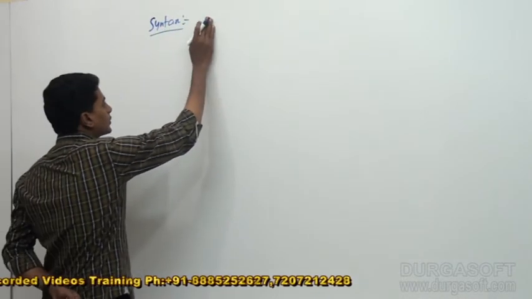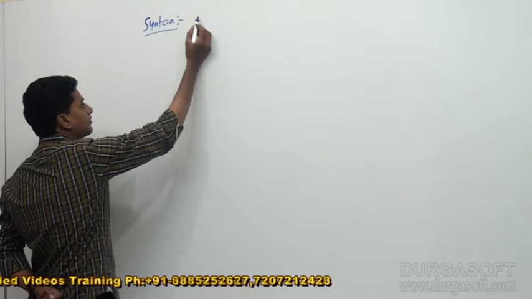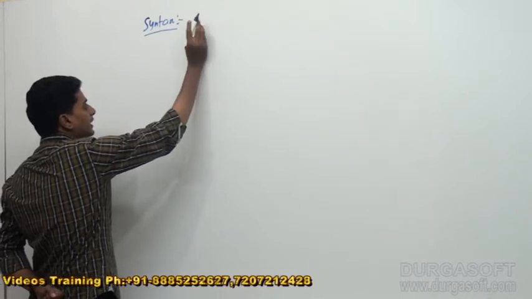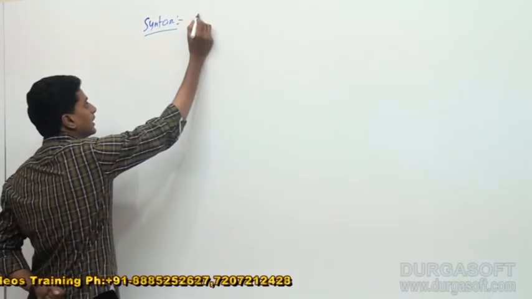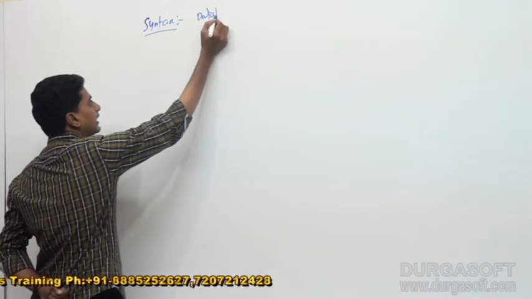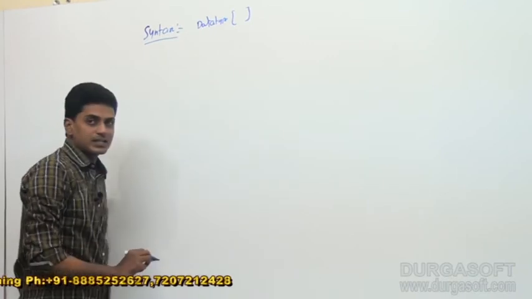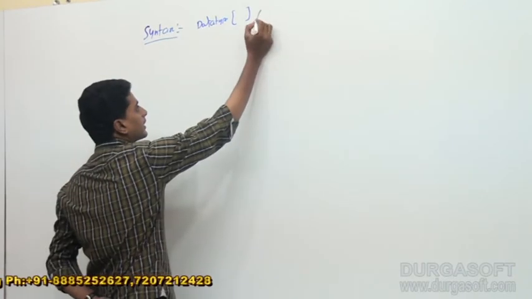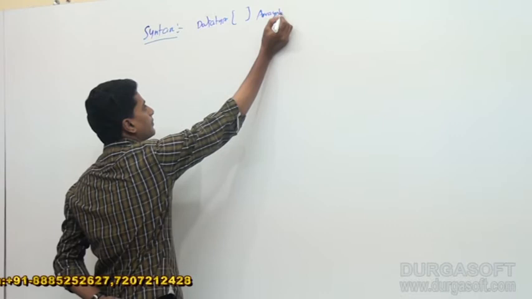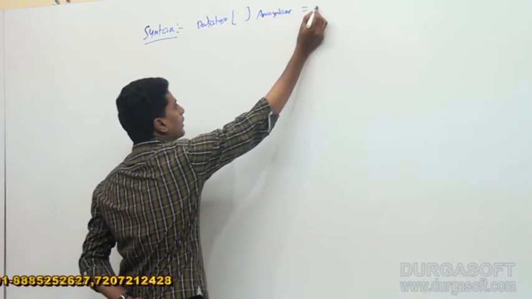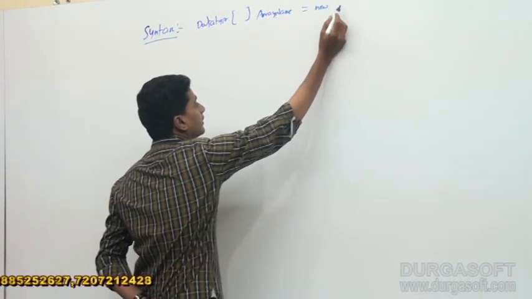Right. As I told, that array is user defined data type. So user can define any type of data type. So let me take here syntax: data type and square bracket. Square bracket is representing an array, and after that here array name equal to new keyword.